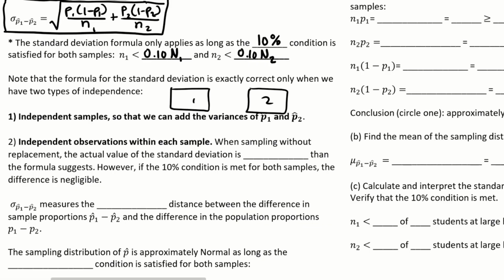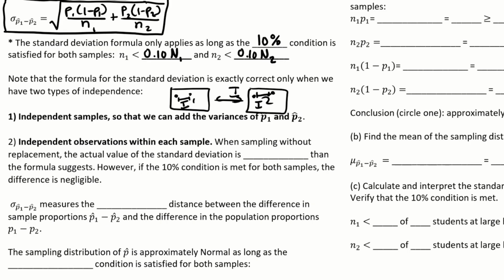You have independence between the samples, but you also have independence within the sample itself, between the observations in the sample. Let's say you have an observation here and an observation here. You have independence between those observations. So that's important: two types of independence.